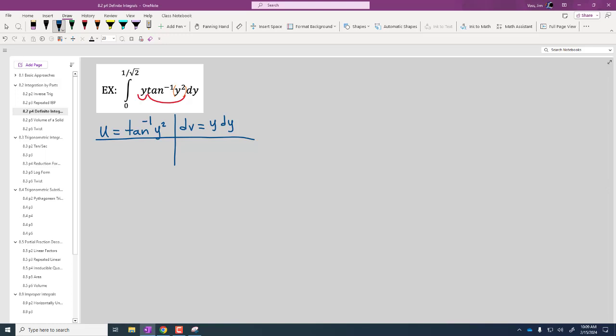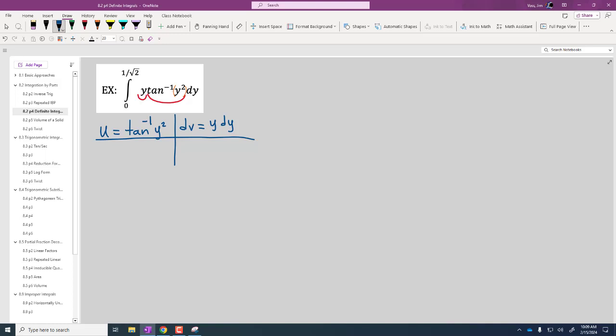All right, derivative of arctangent. If it was just arctangent of y, that would be one thing, but it's the arctangent of a function. So if it's just arctan of y, the derivative is 1 over 1 plus y squared.